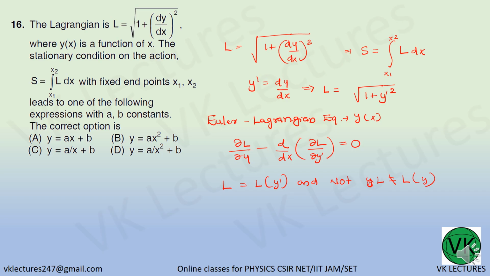So the first term here goes to 0. So this becomes d by dx of dou L divided by dou y dash equal to 0. So the first derivative of this function becomes 0, meaning dou L divided by dou y dash is equal to a constant c.